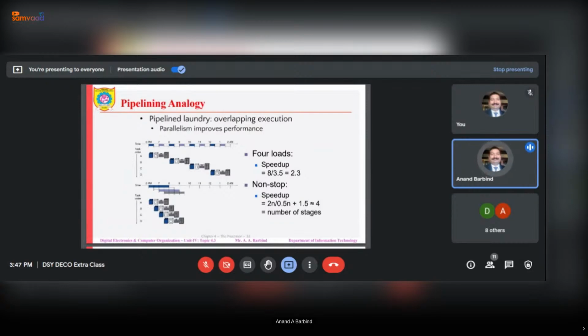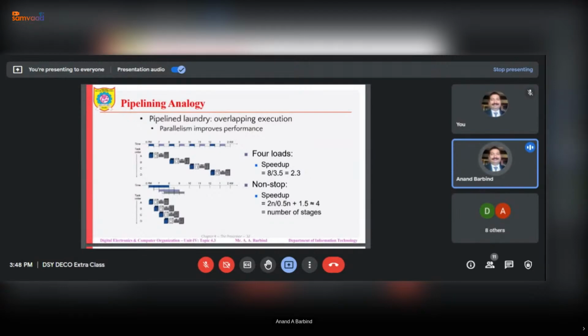Now, when the drying unit is drying the batch A clothes, the washing unit is free, and the washing unit will take up the B batch of cloth. So between 6:30 p.m. to 7 p.m., the drying of the first batch is done by the drying unit and the washing unit will work on the B batch of cloth. So the processes are going simultaneously for the different batches of clothes.